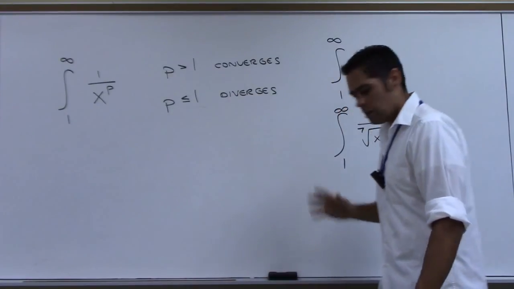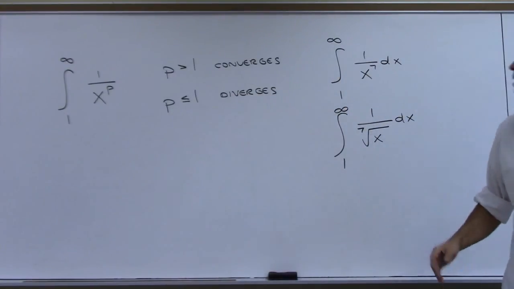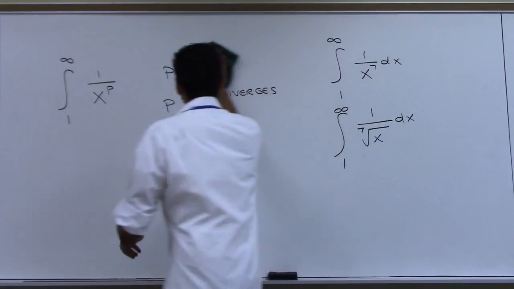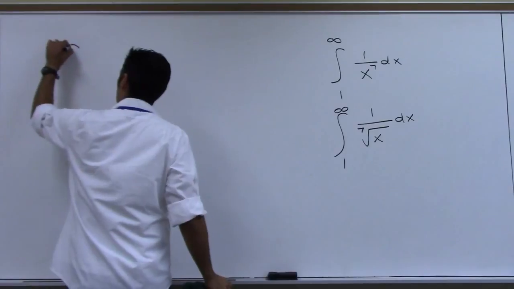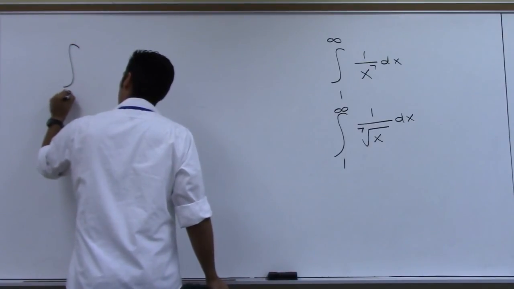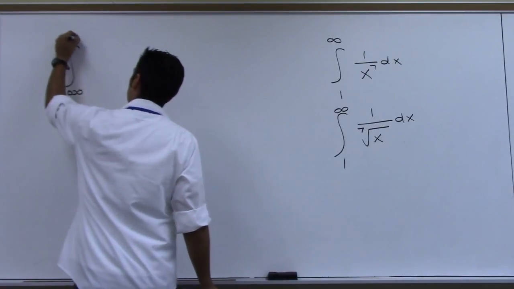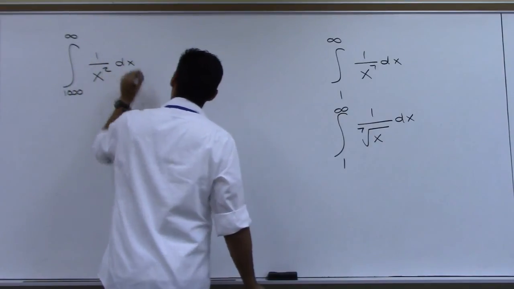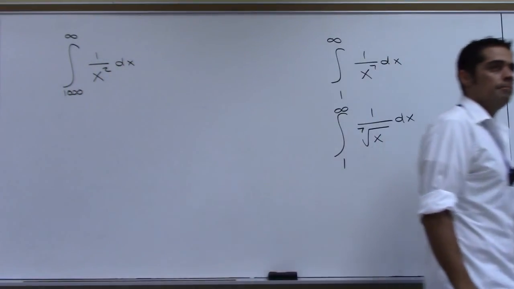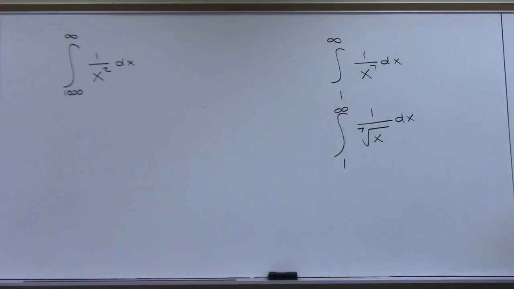Well, let me throw one little twist in this. How about this? What would the integral from 1,000 to infinity of 1 over x squared do? What would this do? Converge or diverge?